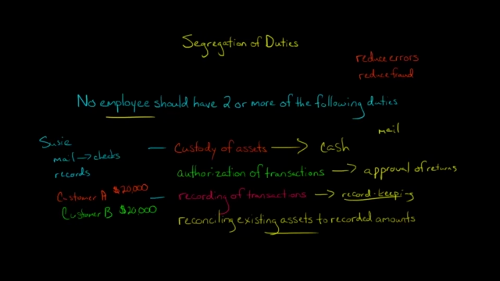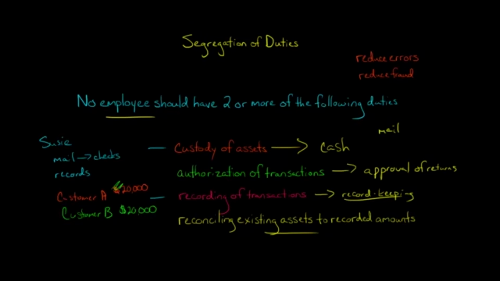So Susie says, okay, I'm also the one who records the transactions in the accounts. So I'm going to take this $20,000 I just got from customer B, and I'm going to apply it to customer A's account to show that customer A paid $20,000. That way customer A doesn't call up angry and say, hey, I already paid $20,000.